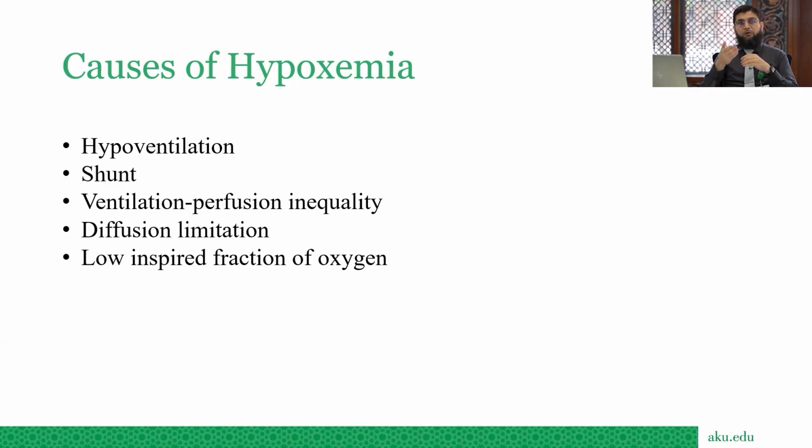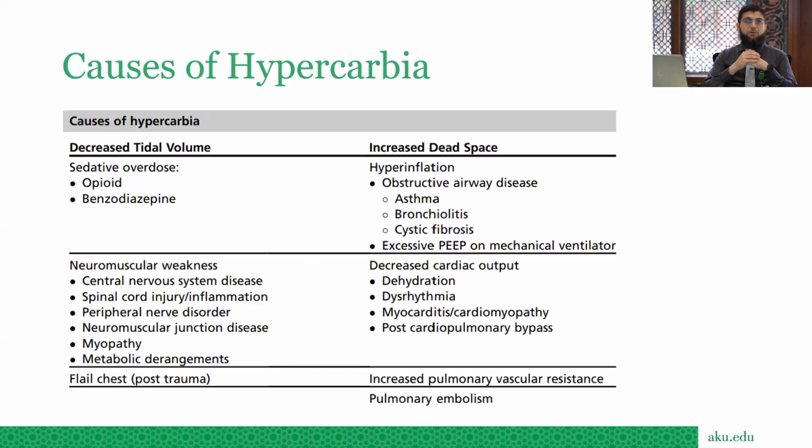And low inspired fraction of oxygen, as occurs at higher altitude, or in cases of fire, when there is a burn, when the patient inhales smoke, that can lead to low inspired fraction of oxygen, and carbon monoxide poisoning in those patients, and development of hypoxemia.